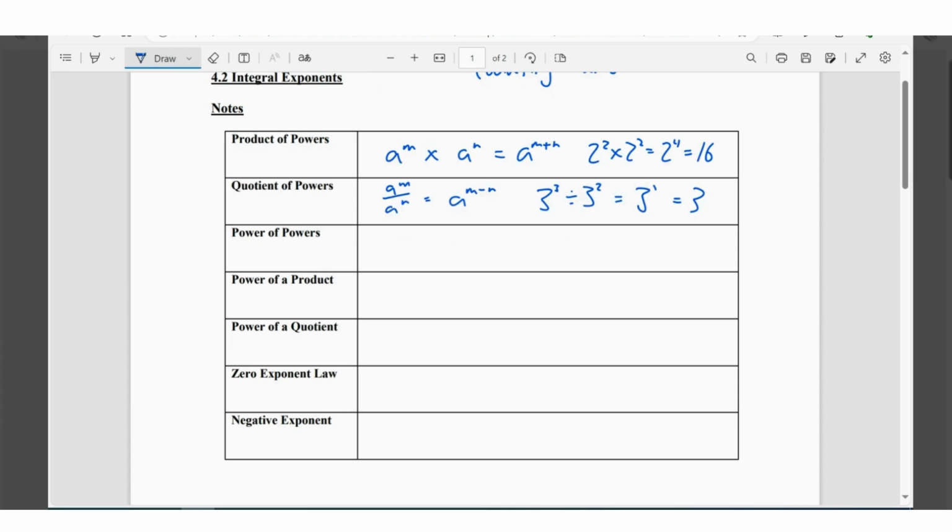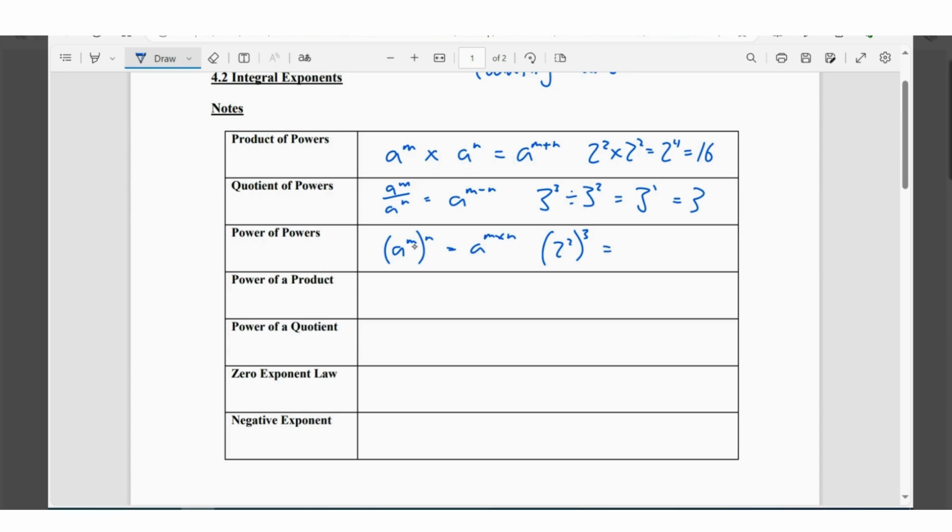Power of a power states that if we have a to the power of m, to the power of n, it's the same as a to the power of m times n. So if we have 2 squared and that's cubed, you can multiply the exponents.